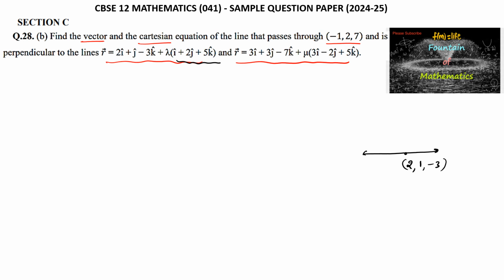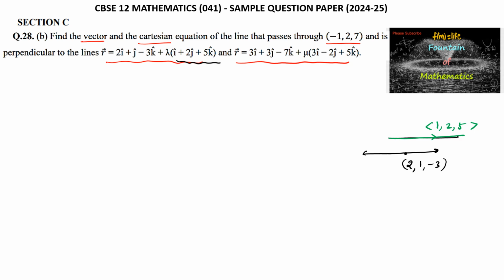Direction ratios means we may consider the parallel vector, having the direction ratios 1, 2, 5.